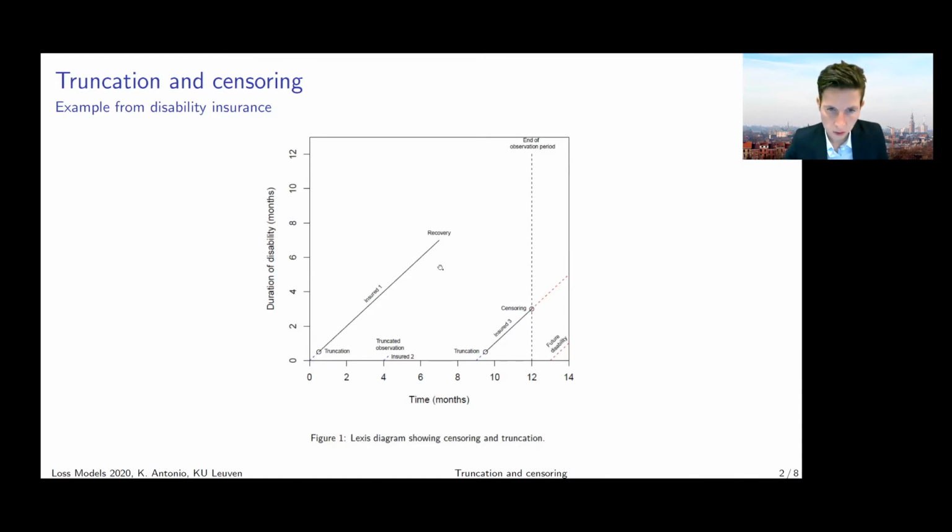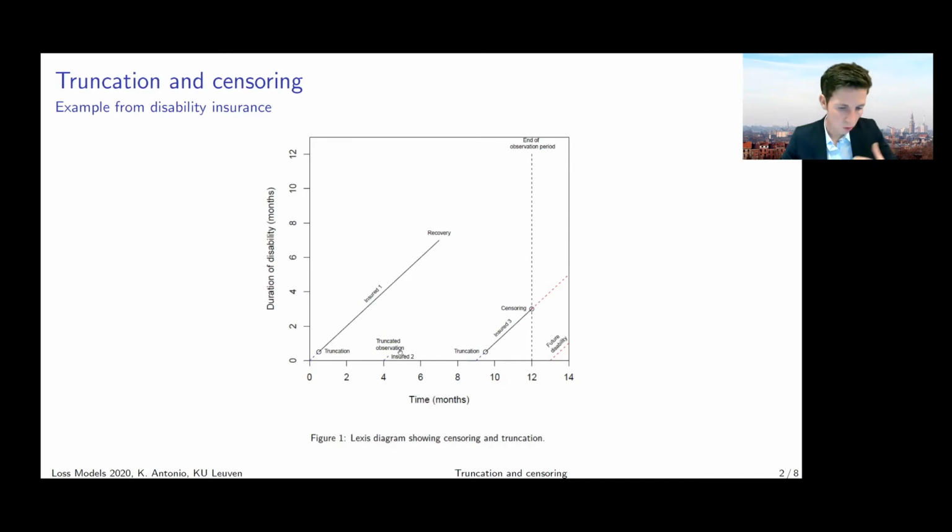So in this first example, we see that we observe the insured policyholder from the onset of the disability contract to the settlement of the contract, if you want, or to the recovery of our client. In the second example, we see that this is an insured whose disability is not exceeding the waiting period.